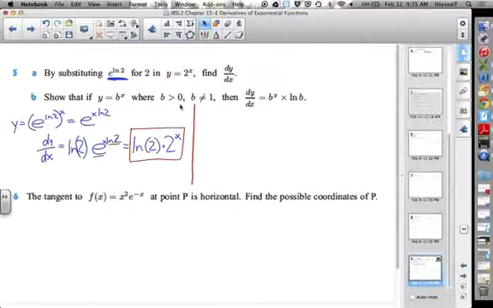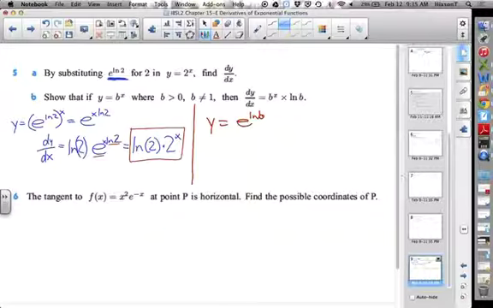So let's think this through. Instead of substituting e to the natural log of 2 in for 2, I'm going to substitute e to the natural log of b in for b.